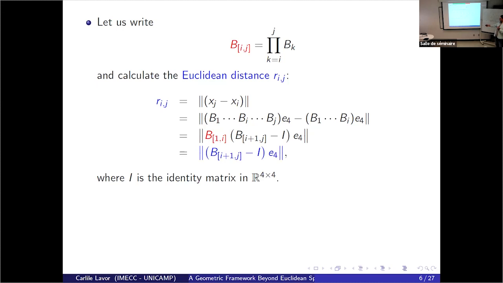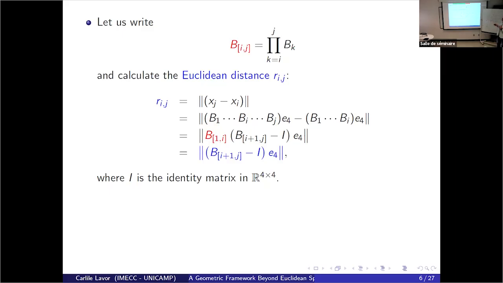This is the expression used in the literature, and this is the expression that we propose to use to calculate the interatomic distance instead of this. So it's simpler. This is the expression when we represent the 3D space using R4, using the homogeneous coordinates.